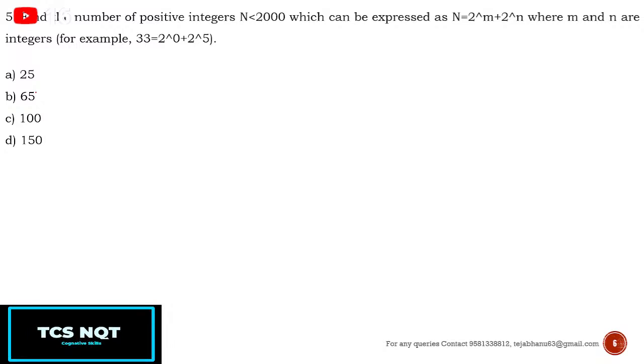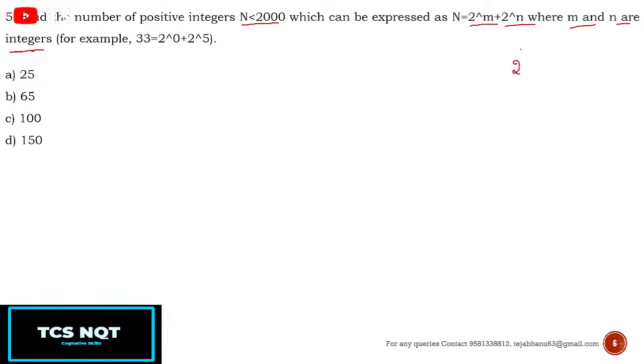Find the number of positive integers less than 2000 which can be expressed as n is equal to 2 power m plus 2 power n, where m and n are integers. For example, have a look.